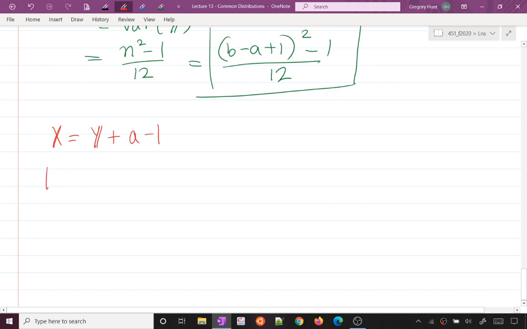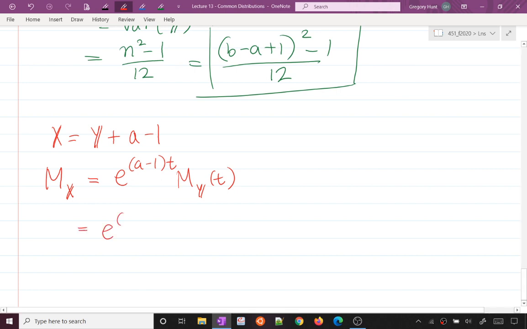Our formula says that M_X of t should be e to the a minus 1 t times M_Y of t. There's no multiplicative factor, so that doesn't show up in our formula. All we have is an additive shift, and the formula says that additive shifts end up out front in the exponent. So this is the correct formula.